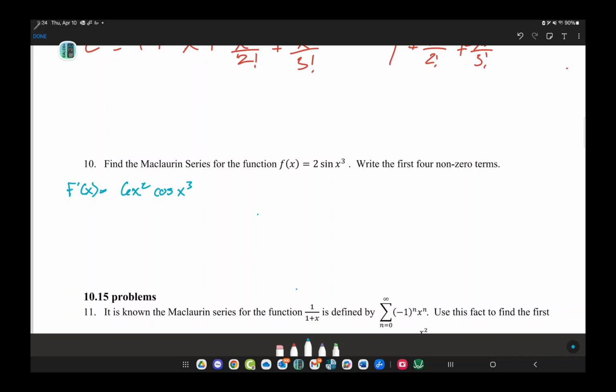We need the double prime, triple prime, and fourth derivative.